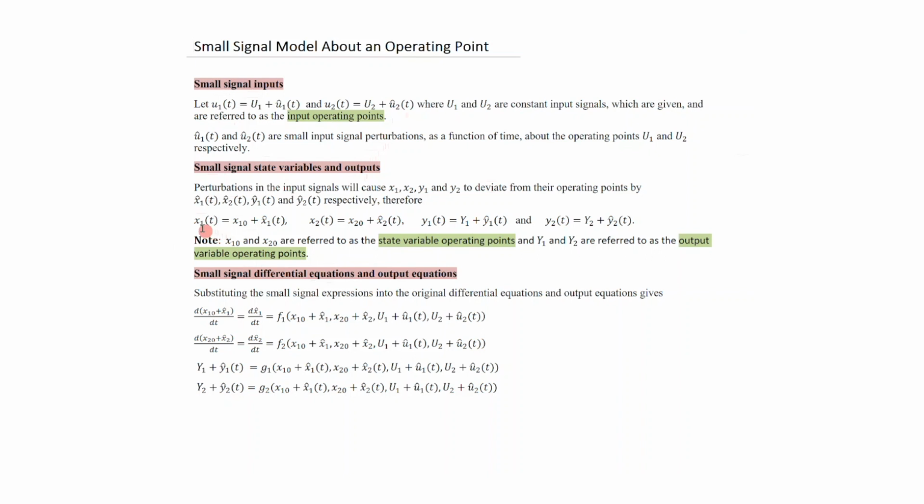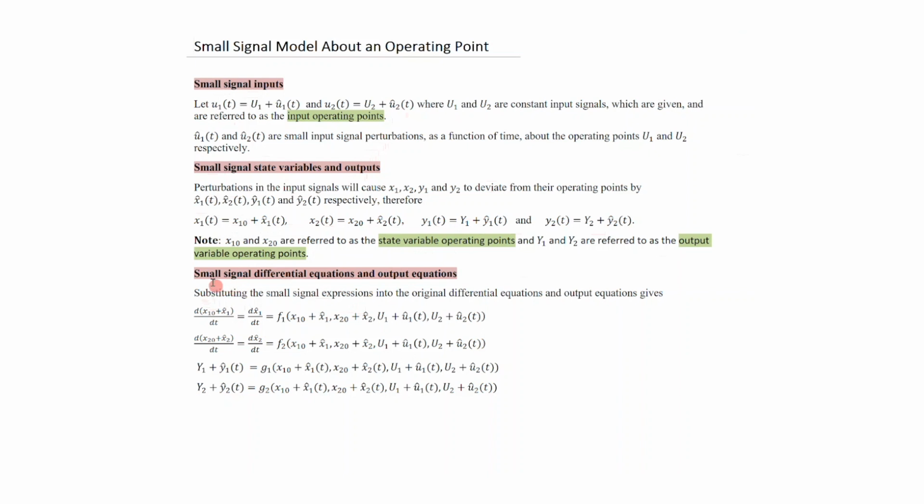So here we would have the state variable x1 replaced by its equilibrium value plus a perturbation. x2 is replaced by its equilibrium value and a perturbation. And y1 and y2 similar. Steady state plus perturbation, steady state plus perturbation. So, as I said, x1, x2 are referred to as state variable operating points. y1, y2 are referred to as output variable operating points.